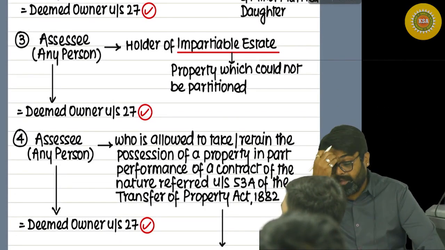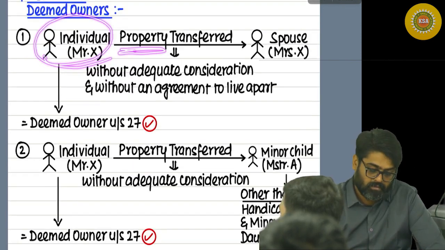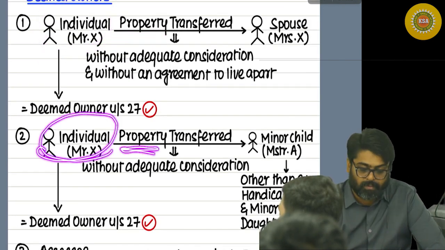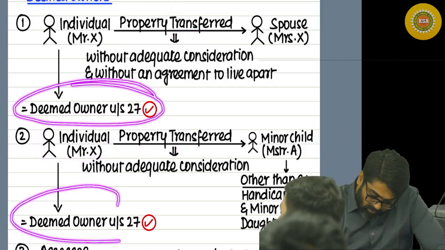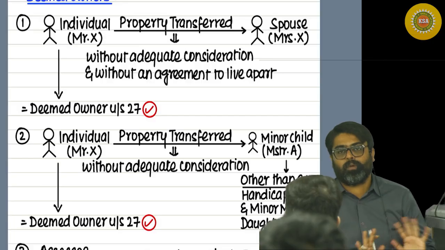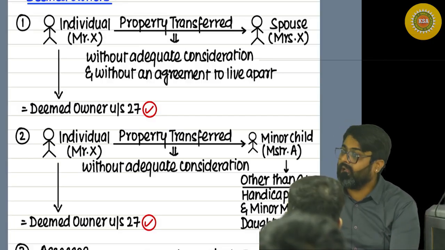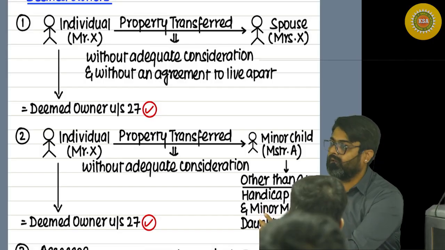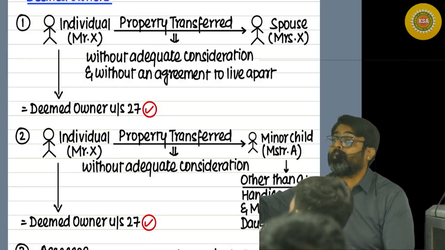Now pay attention, pay attention. Individual has a property which he is transferring. Only then the individual will be treated as deemed owner. What if the individual does not have a property, the individual has money, and by that money was gifted to spouse or minor, and from that money the property is bought.